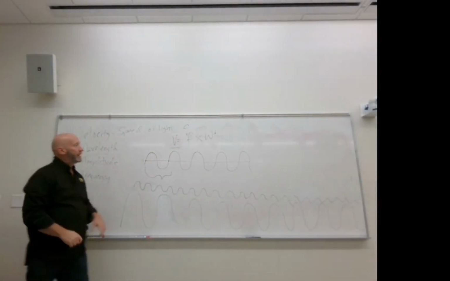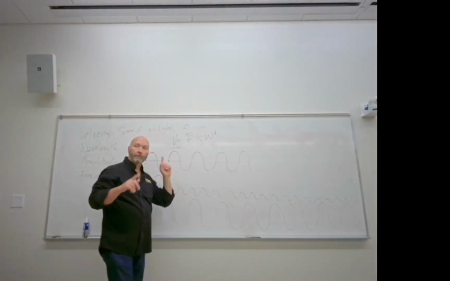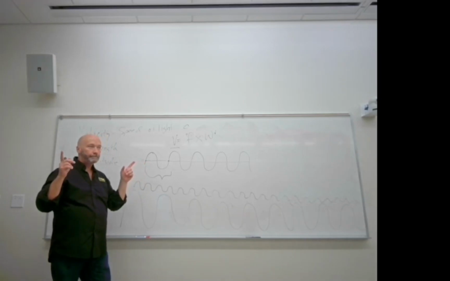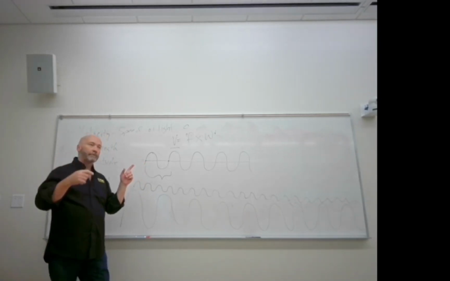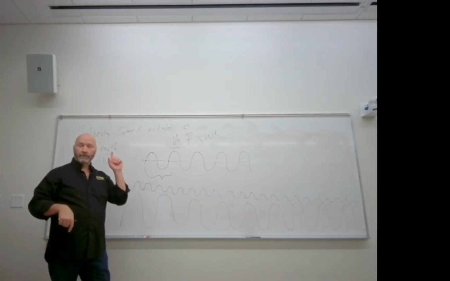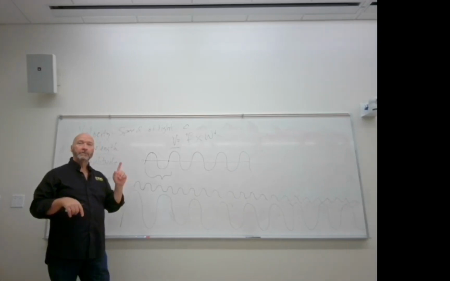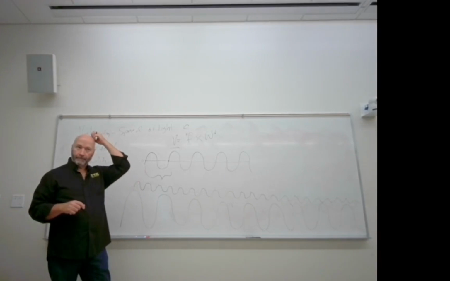So what can we say about the relationship between frequency and wavelength? Is it direct, meaning one goes up, the other goes up? No, it's indirect, and we have a different word for that: it's inversely proportional. As one goes up, the other goes down, and it goes down by the exact same amount that the first one goes up.